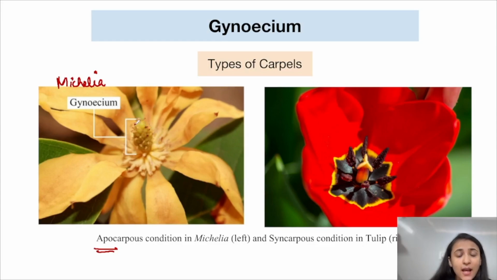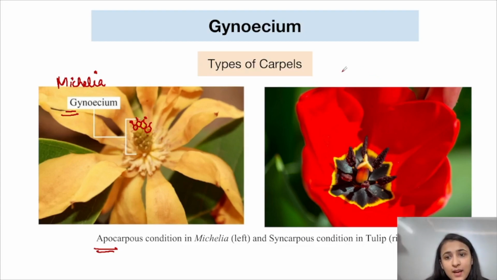Each of these shows the presence of an ovary, a style and a stigma. So multiple of these structures are present in this diagram. So here the carpels are free.